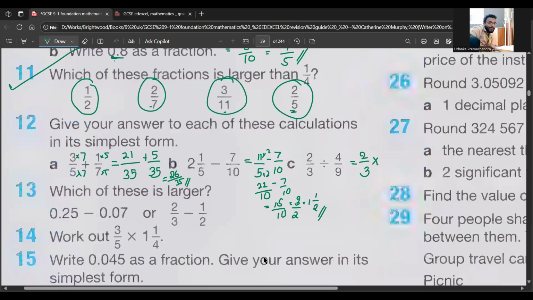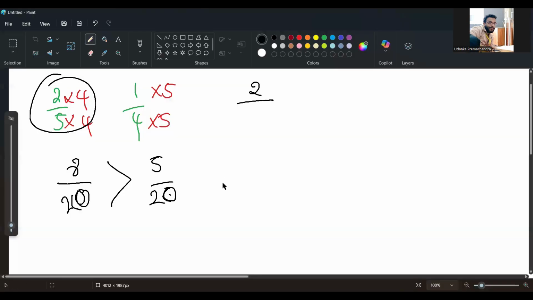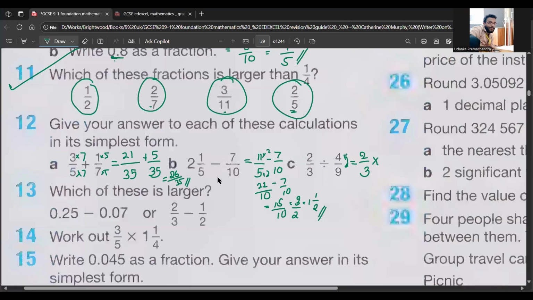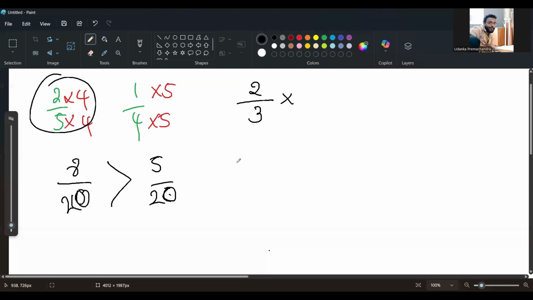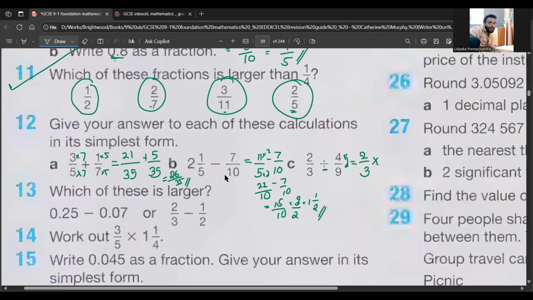Do you have to swap it like 9 over 4? If they are having divide, you have to take it as a multiplication and it should be taken as a reciprocal, 9 over 4. 2 over 3, you have to convert this sign to multiplication. Here 4 over 9, it should be 9 over 4.